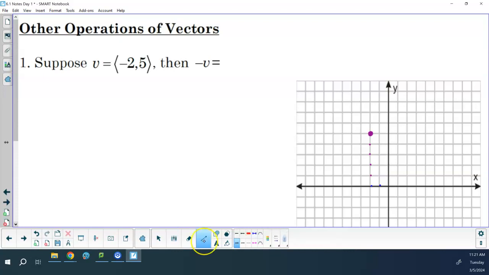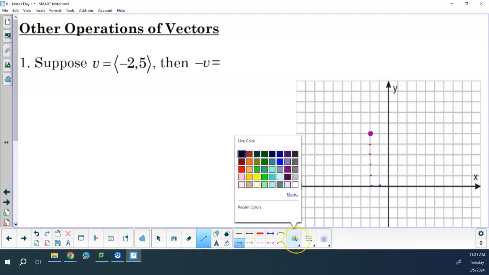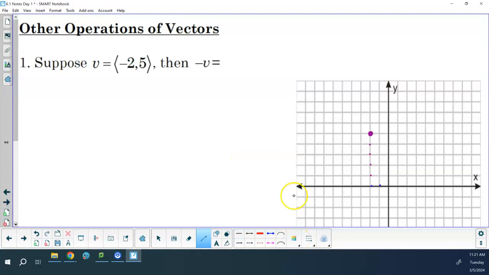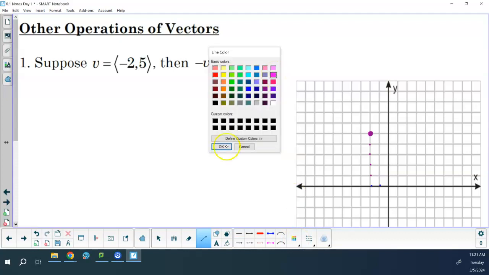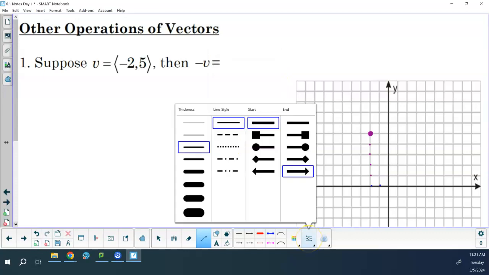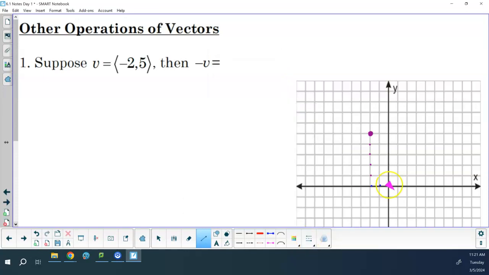So vector v is right there. Okay? So we draw it from the origin, where its tail is, and the head then is at the point -2, 5. Okay?